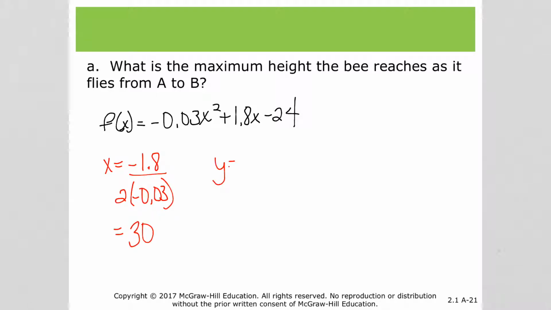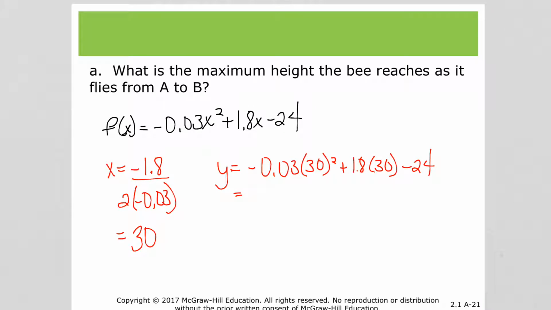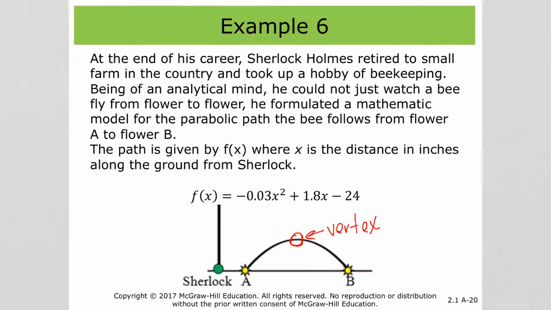To find the y value, we plug in 30 for x. And that gives us 3. So the vertex is (30, 33). Now what did that tell us?